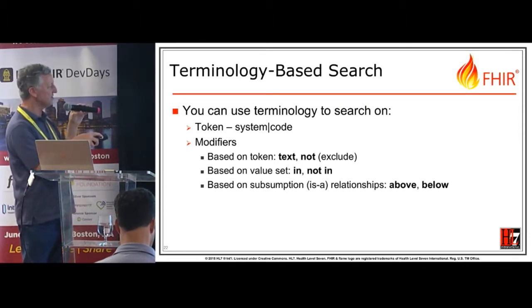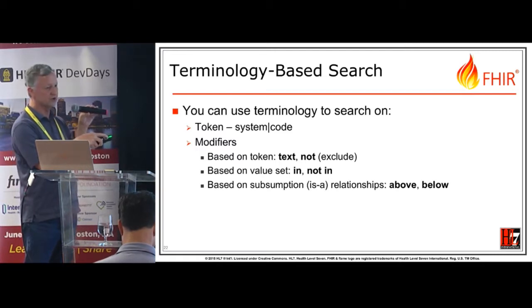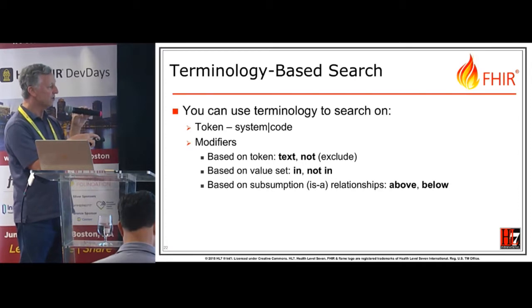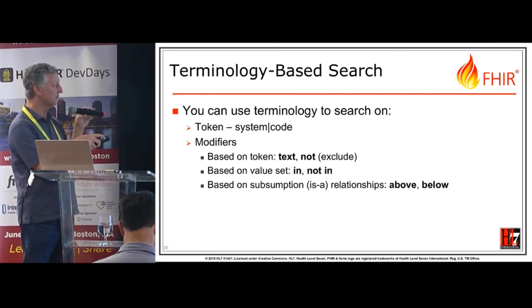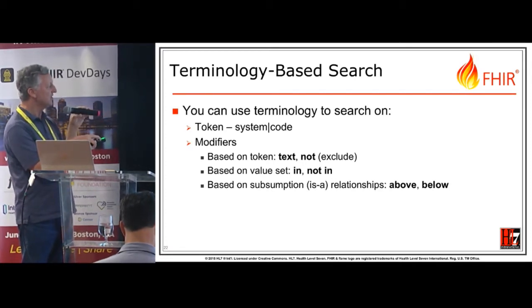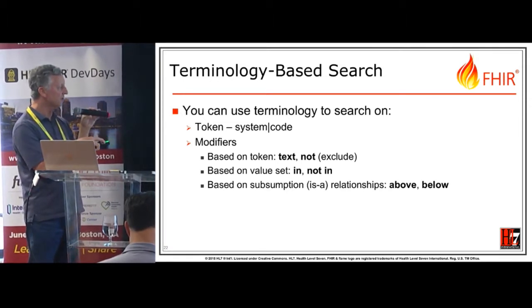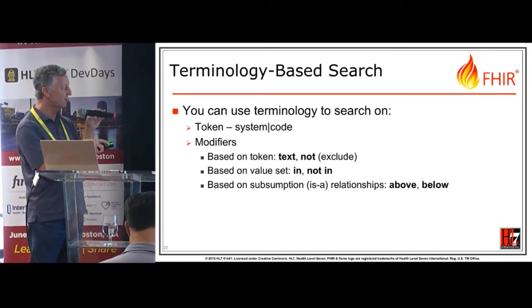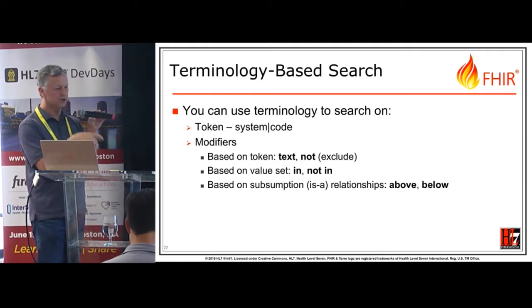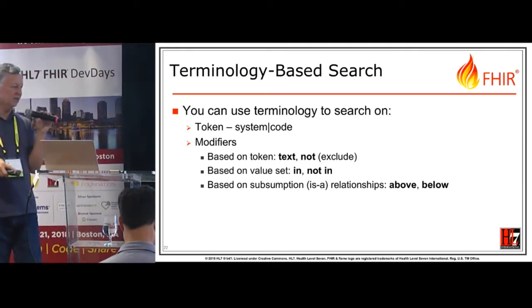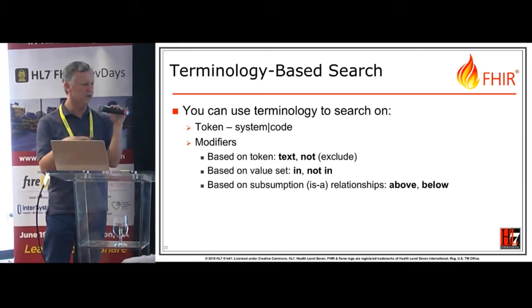And the simplest one is the token, where you can basically search on a code system and the actual code, and you can do both. So you can look for those specific combinations. But then you can also deal with the modifiers. Token-based modifiers include text, so you can search on various texts in the coded data type.